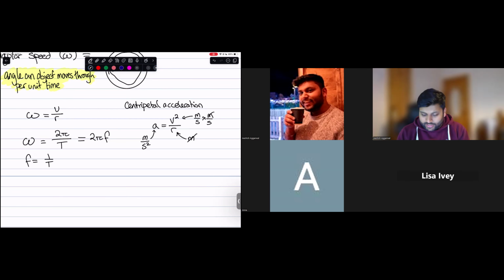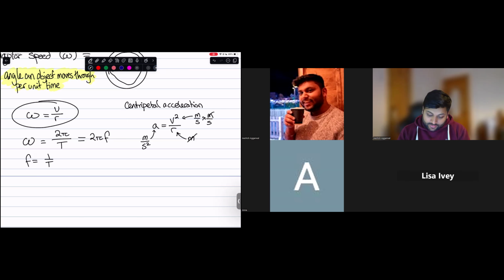So this is a pretty straightforward equation. Actually, I'll leave that one as well, because if you remember this one, then this one is just an extra v on top.